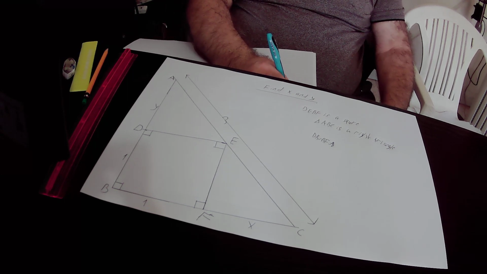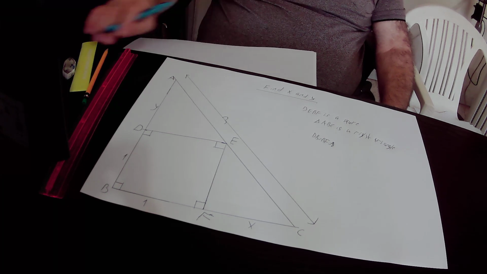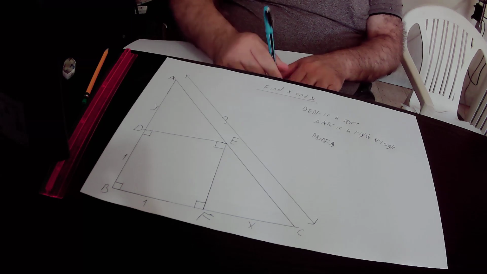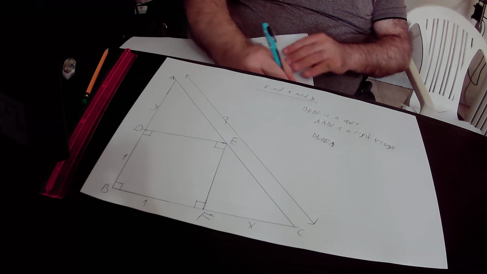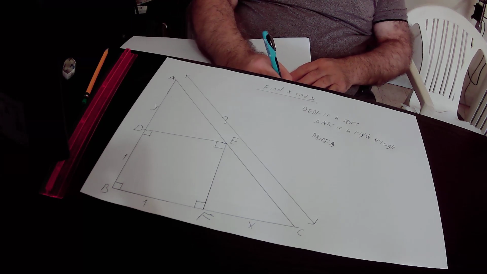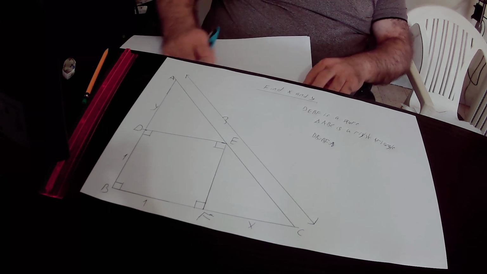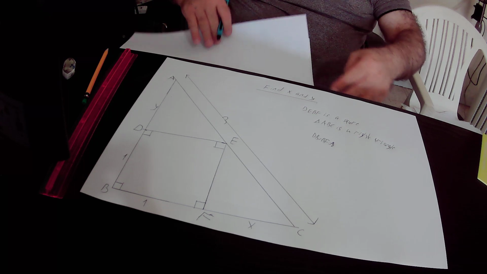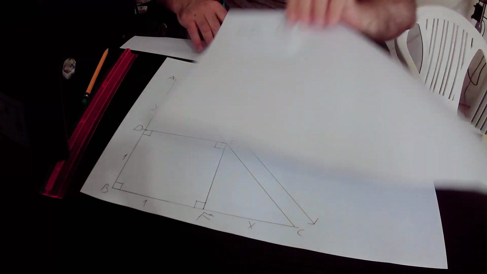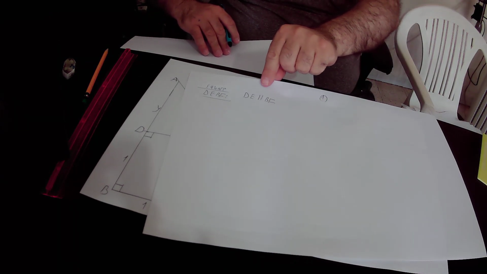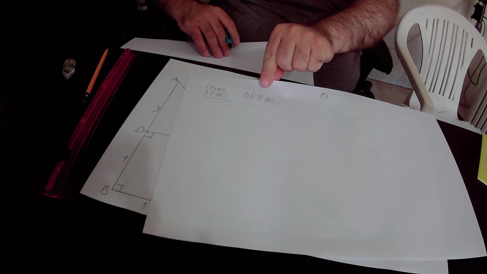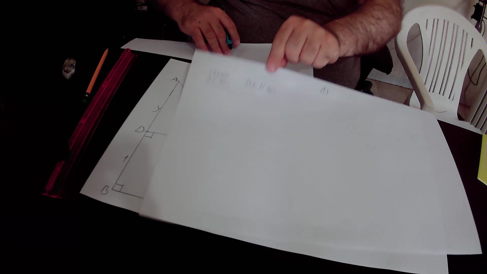In square DBEF, we know that DE is parallel to BF.